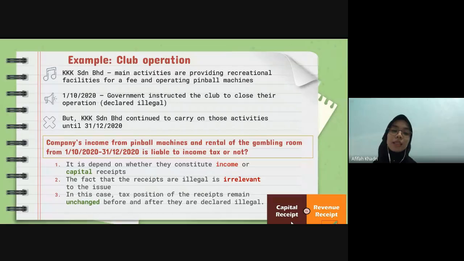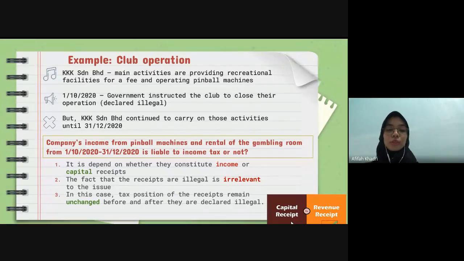The question here is whether the company's income from the pinball machines and also rental of gambling rooms from October until December is liable to pay tax or not. The answer is definitely yes, because it is income receipt where the revenue comes from the business's main activities. The fact that the receipts are illegal is irrelevant to the issue.